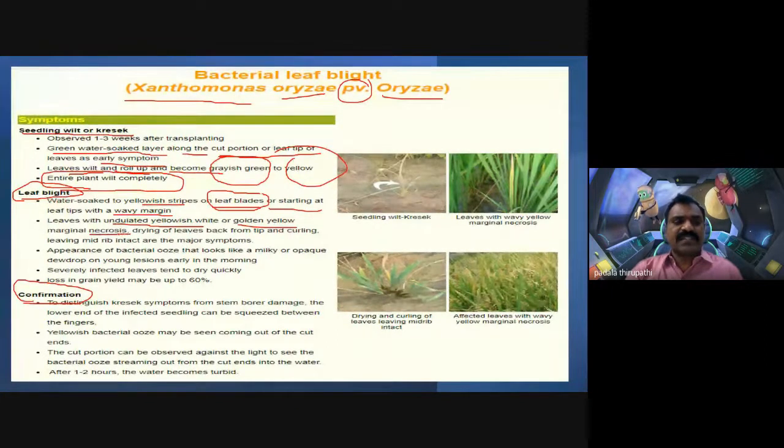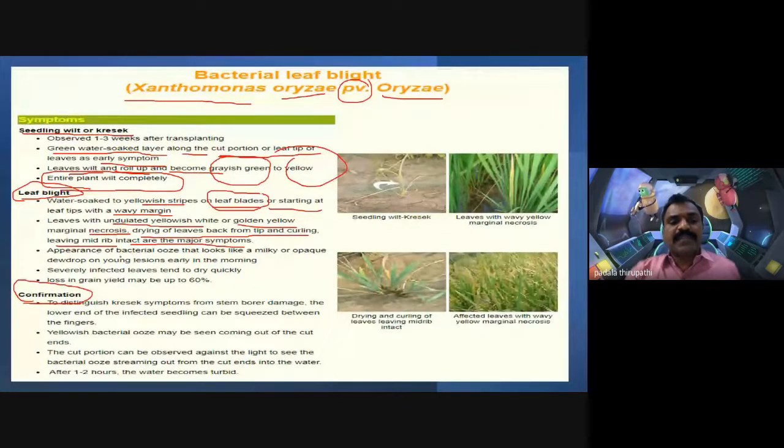Necrosis, we discussed yesterday, is nothing but the tissue dying and decaying. So marginal necrosis, dying of leaves back from the tip, curling, and leaving the midrib intact are the major symptoms we observe.